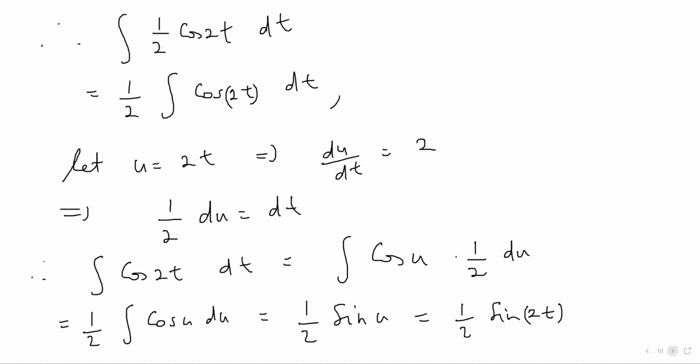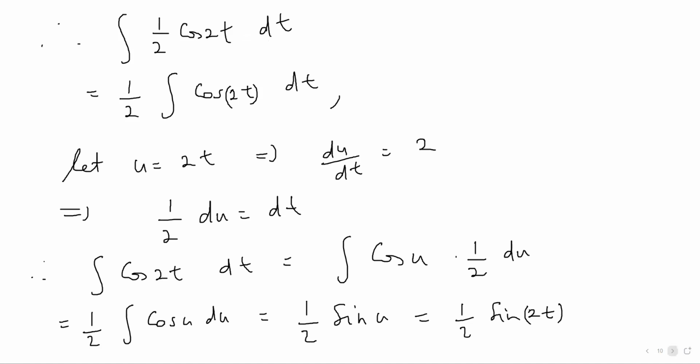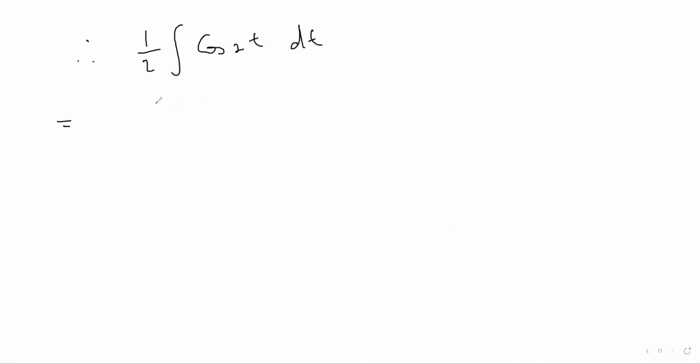So we say, therefore, half of the integral of cos 2t with respect to t is equal to the following, because there's a half outside there. Half of the integral of cos 2t with respect to 2t is equal to 1/2 sine 2t. So it's half multiplied by half sine 2t.